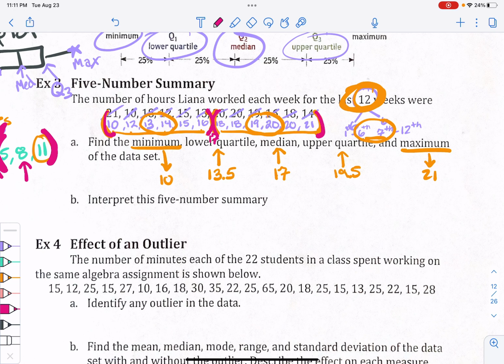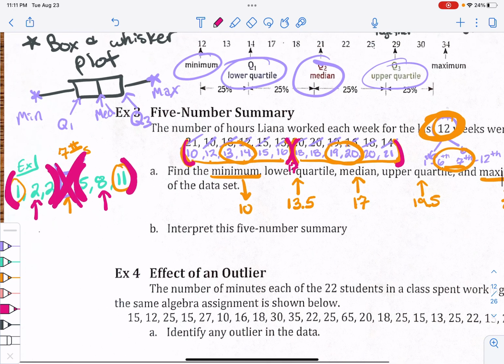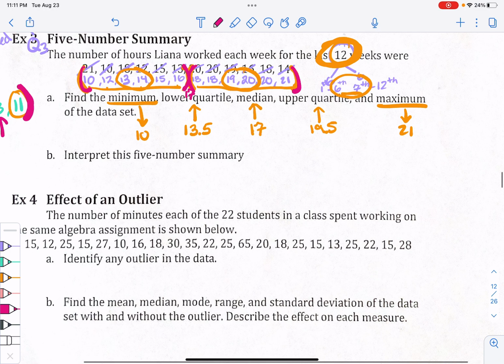So we have our 5-number summary, and then it says interpret this 5-number summary. So we're going to do that by constructing a box and whisker plot, and I make you do that on your homework assignment. So this can help us see how spread apart the data is. So what I'm going to do first is create a number line at the bottom.